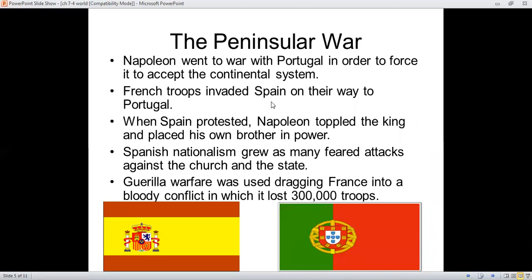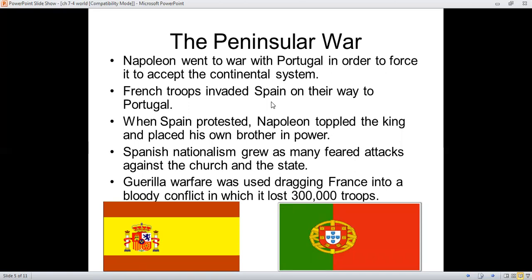Now, Napoleon also went to war with Portugal in order to force it to accept the continental system. The French troops invaded Spain on their way to Portugal. When Spain protested, Napoleon removed the king and placed his own brother in power.